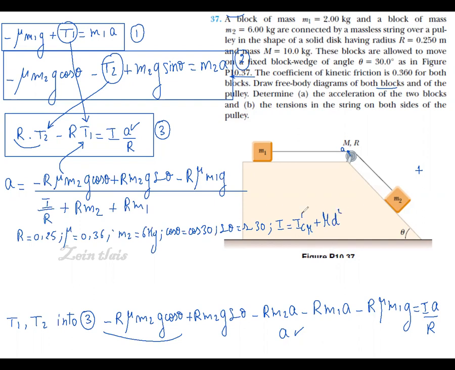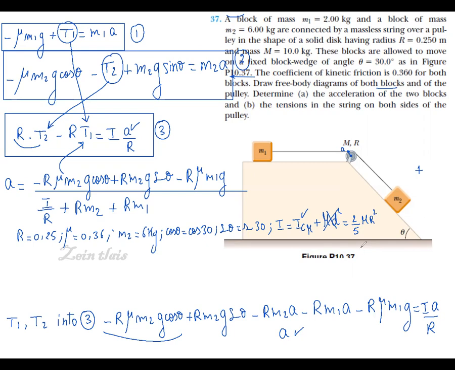You know ICM is given, and D is the distance between the center of mass and the axis, equal to 0. So I equals ICM equals 2 over 5 M R square.